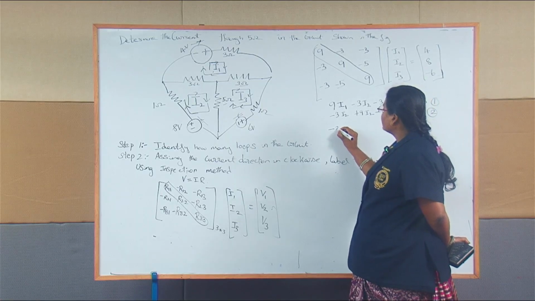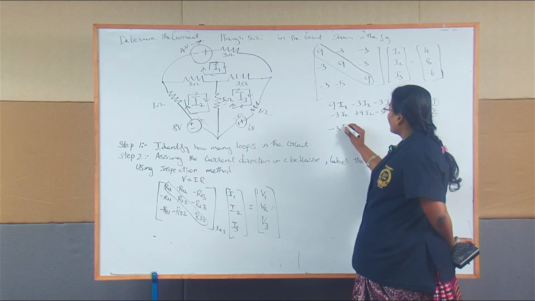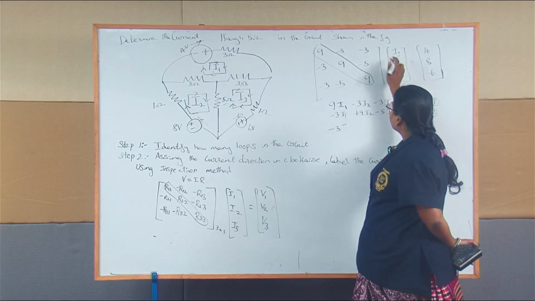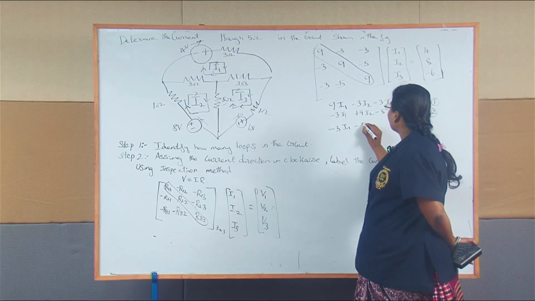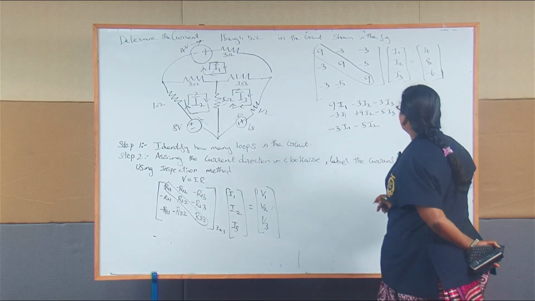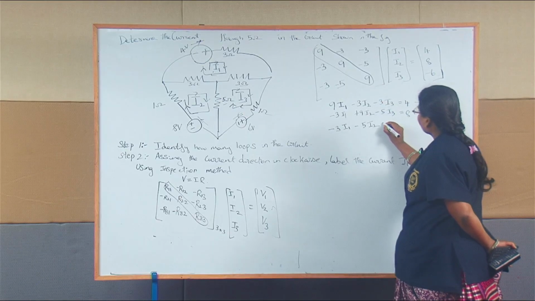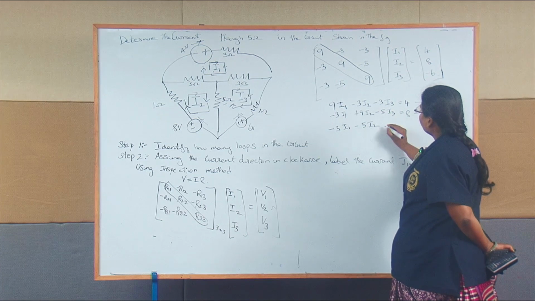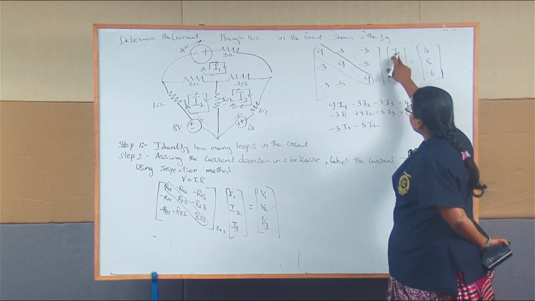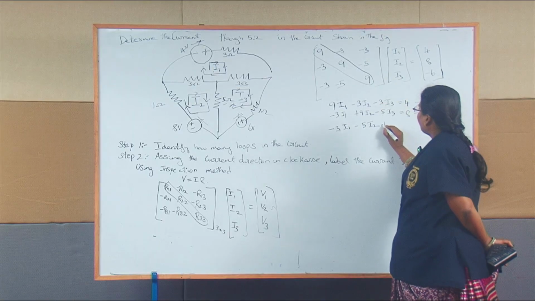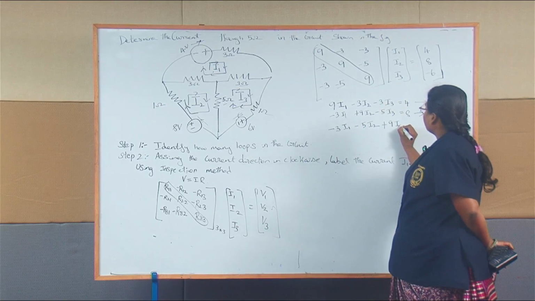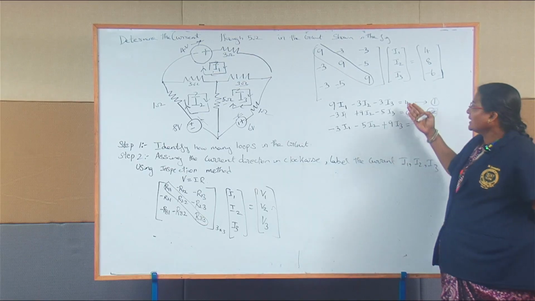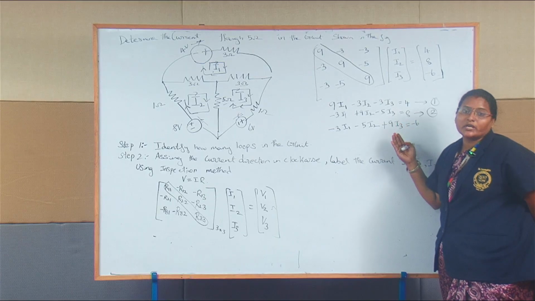Then minus 3 I1 minus 5 I2 plus 9 I3 equal to minus 6. Now you got the three equations, a system of equations.